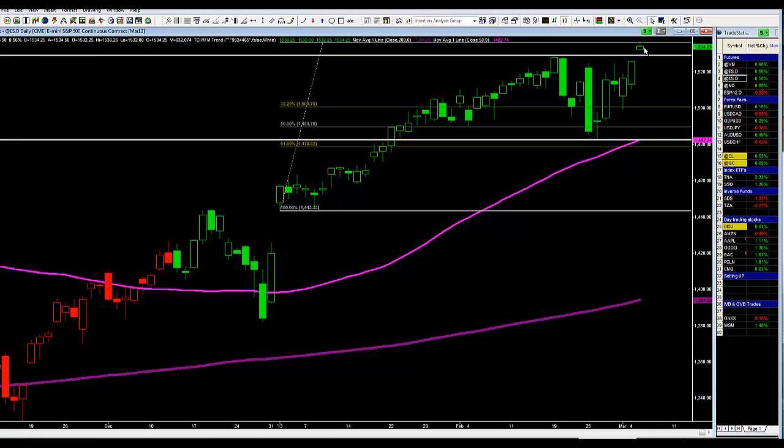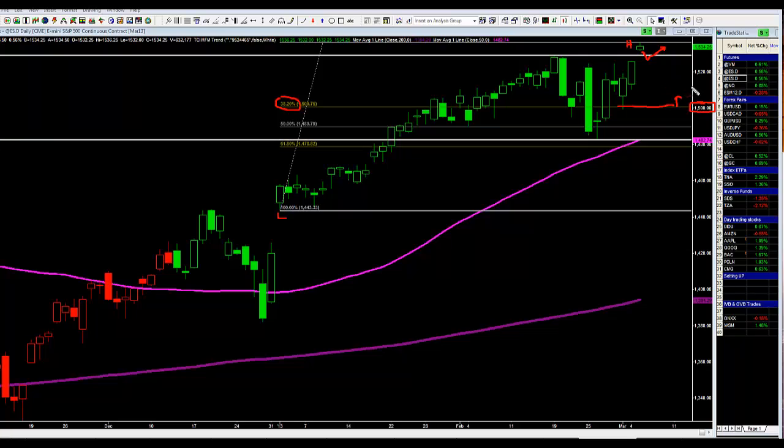So if the market today trades down to 1528 and three quarters, I would expect that area to act as support, and I would expect the market to make some intraday bounce from there. Now the new Fibonacci retracements of the year, from the low of the year to the new high: the 38.2% is 1500 and three quarters, right above the 1500, which is a big psychological number, since we're trading above it.